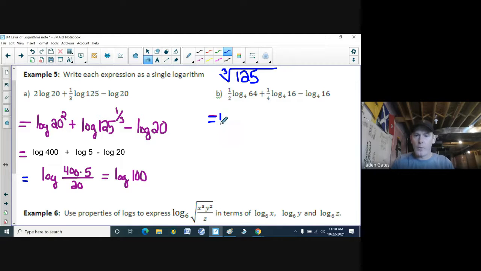So I'm just going to reverse it. Log base 4 of 64 is in the log, and then the 1/2 is going to come up as our exponent, plus the log base 4 of 16, putting the exponent back on, which is 1/4, minus the log base 4 of 16. No exponent to be moved.